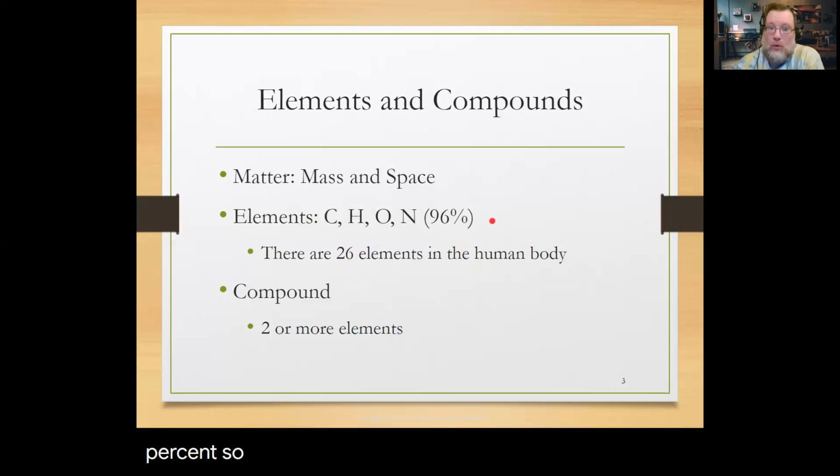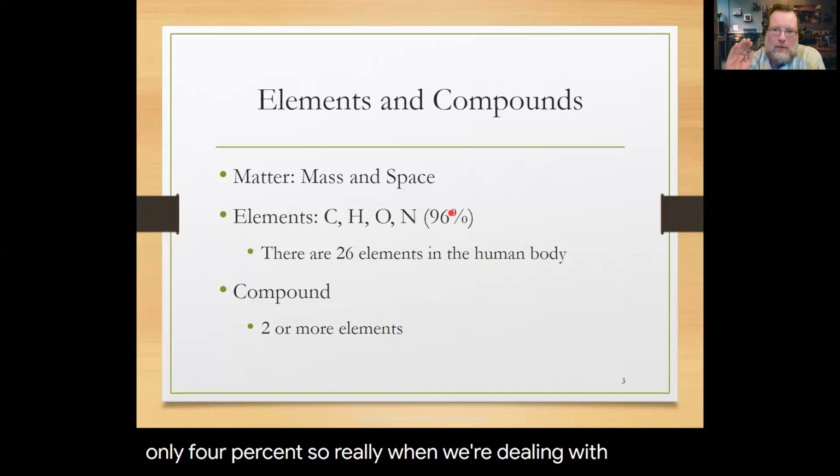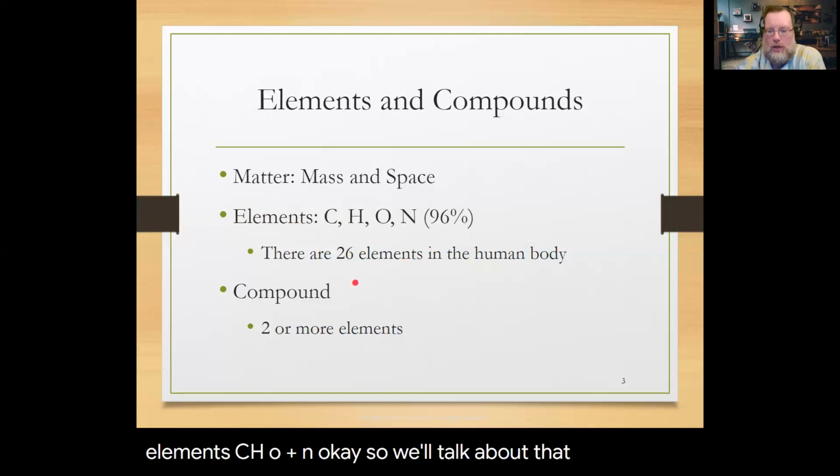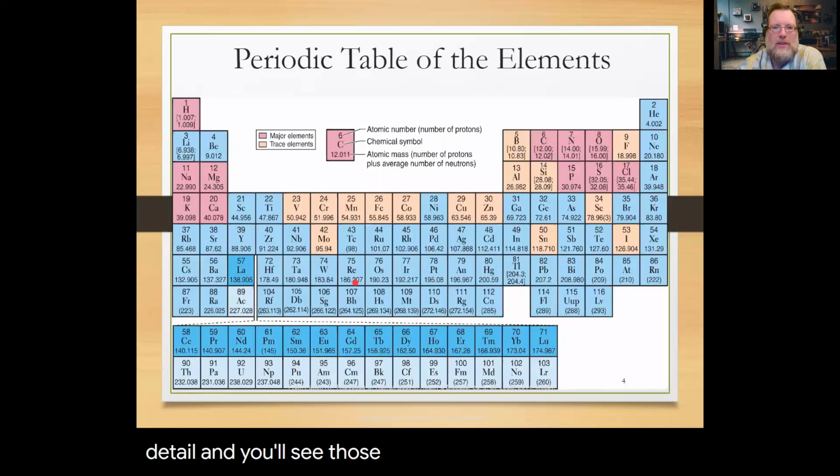So 4 of them make up 96%. 22 of them make up only 4%. So really, when we're dealing with biochemistry throughout, we're going to see these 4 elements, C, H, O, and N. Okay. So we'll talk about that in more detail, and you'll see those as a consistent theme.